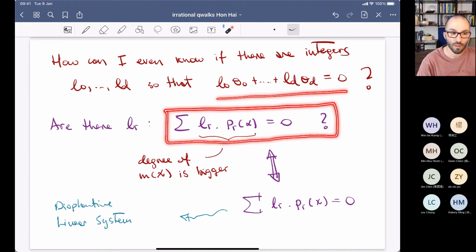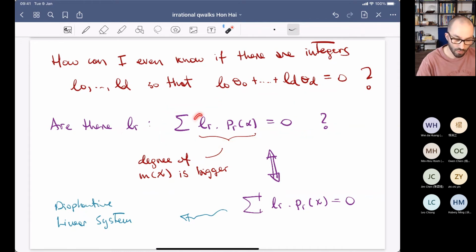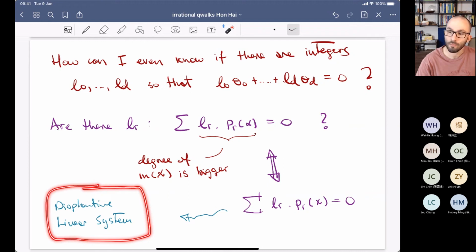So this is in fact a system of equations with integer coefficients, and you're trying to find integer solutions. Each equation corresponds to a particular degree of alpha. You want all coefficients of this polynomial to be 0. And all these coefficients are integers, and these are integral variables. So you're trying to solve a Diophantine linear system.